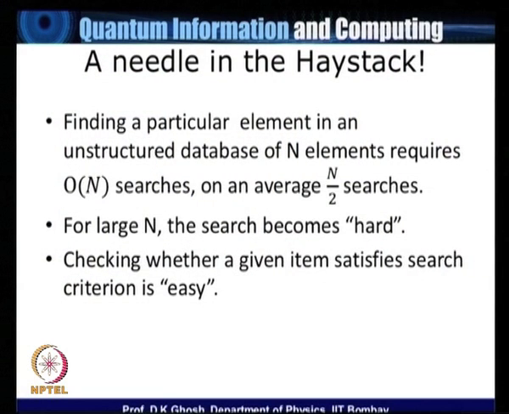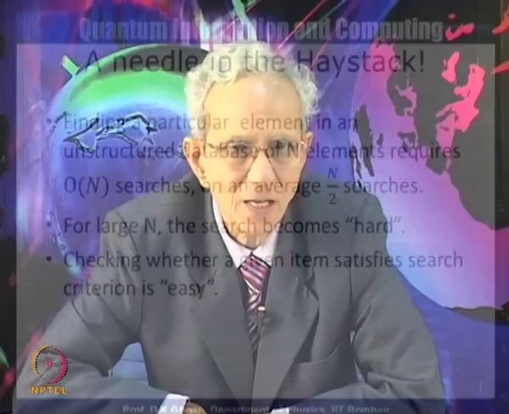The problem is something like this: suppose I have an unstructured database. The unstructured database is basically a database in which there is no particular order. If you take a telephone directory, for example, the old classical telephone directory, that was a structured database, because you could go through the names in alphabetical order and then find the person that you want, their telephone number.